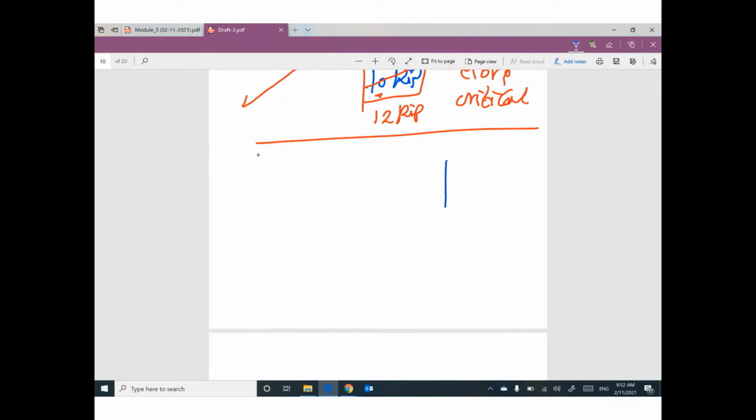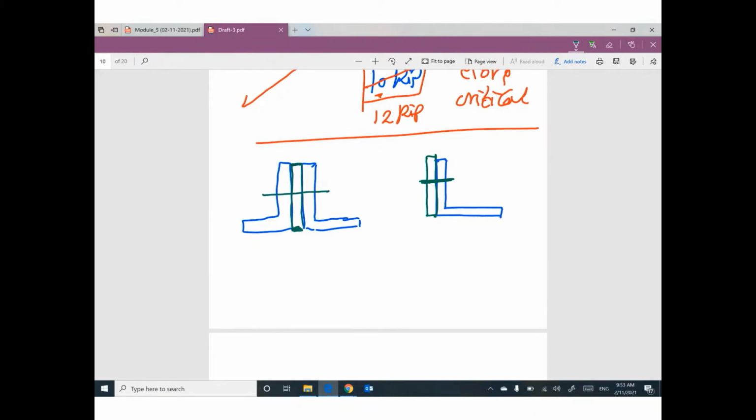Sometimes the member can be a single angle. Sometimes the member can be a double angle. That's right. If you have a single angle, the gusset plate will be connected to this leg, for example, and we have a bolt. If you have a double angle member, the gusset plate will be in between the two angles, and we have a bolt.